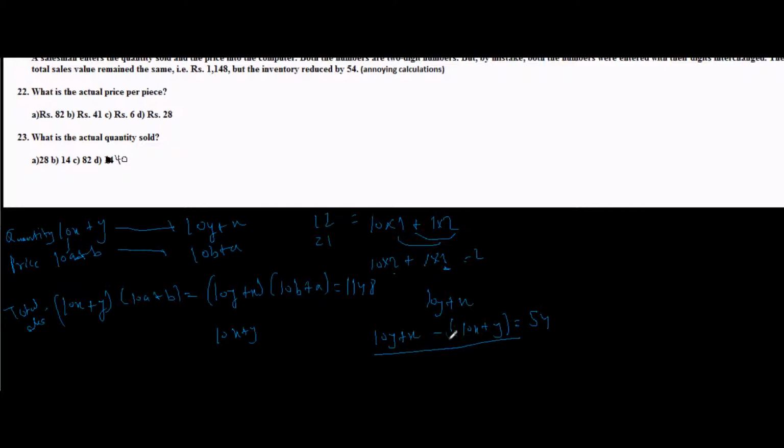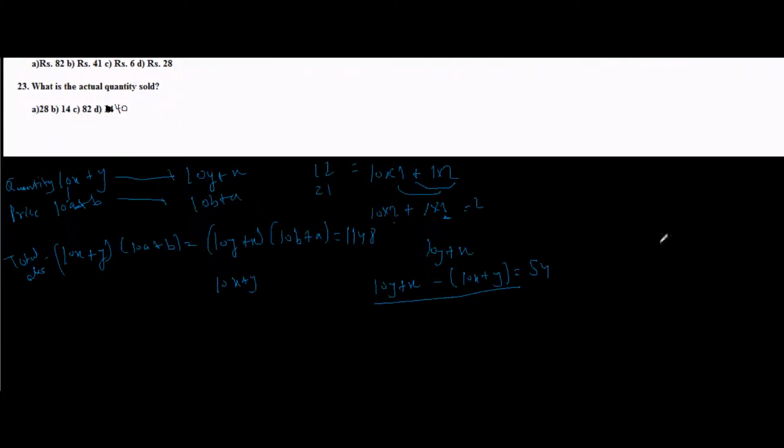This is (10y + x) minus (10x + y) equal to 54. Inventory reduced by 54 means that whatever is actually sold has been entered more. That's why inventory is getting reduced by 54.